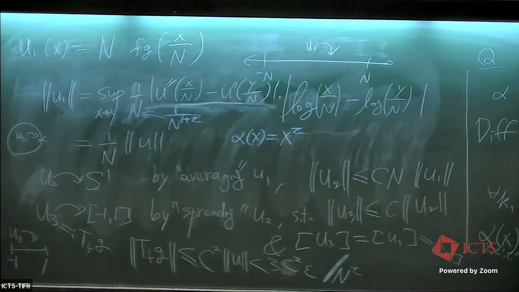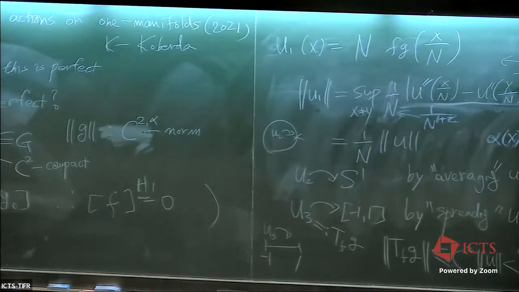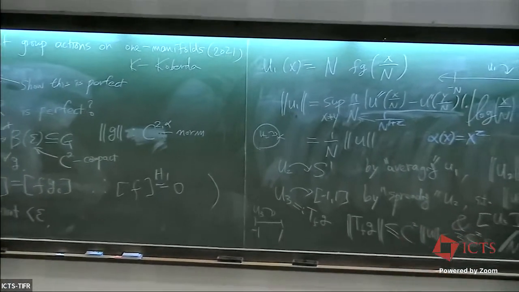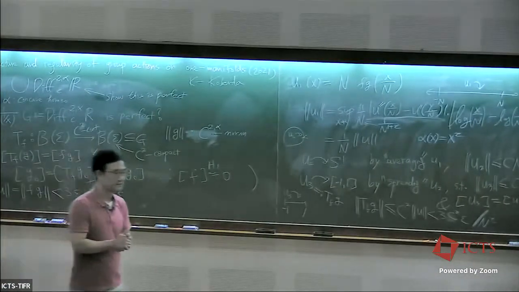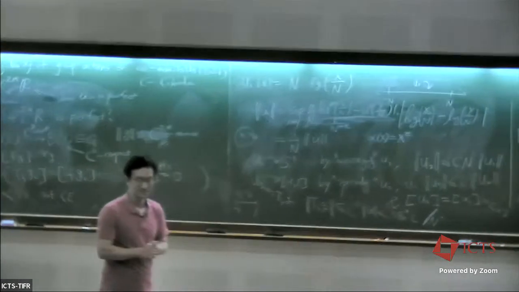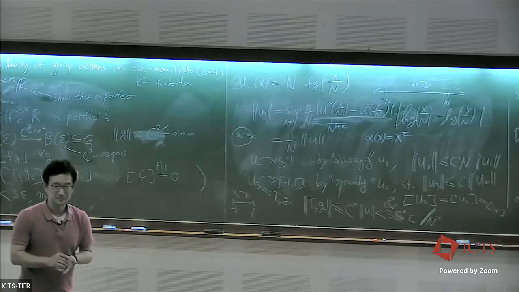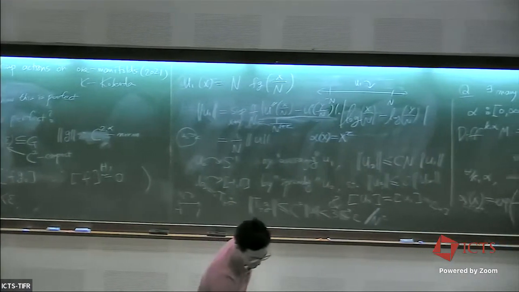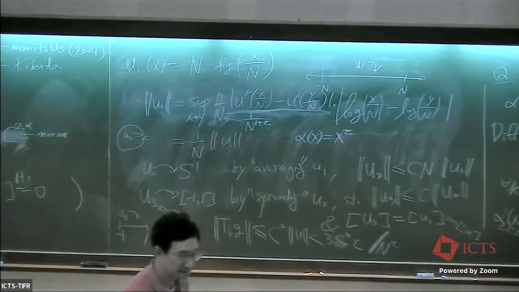You just need some other clever way of defining the operator such that H1 is still preserved, but reducing the 2 alpha norm. Okay. Any other questions? So that's about the questions raised yesterday.